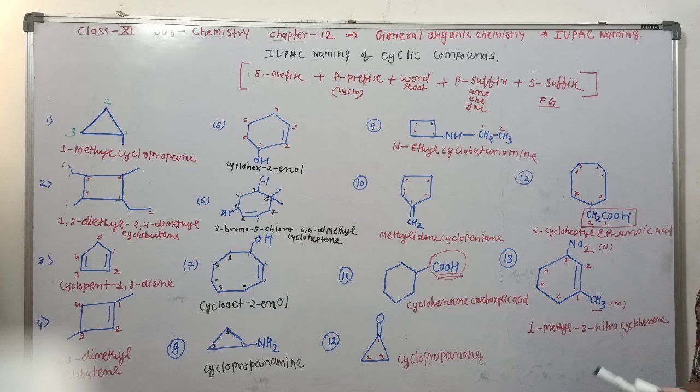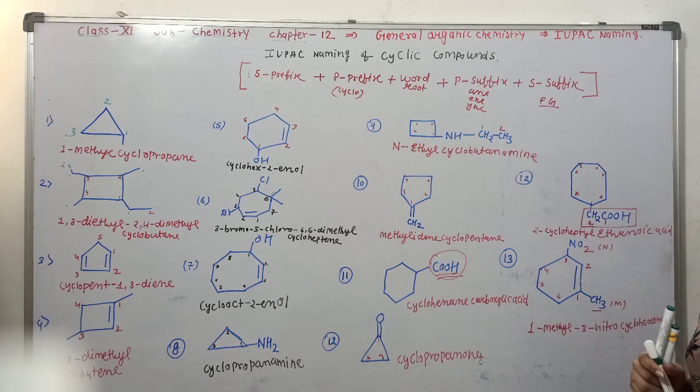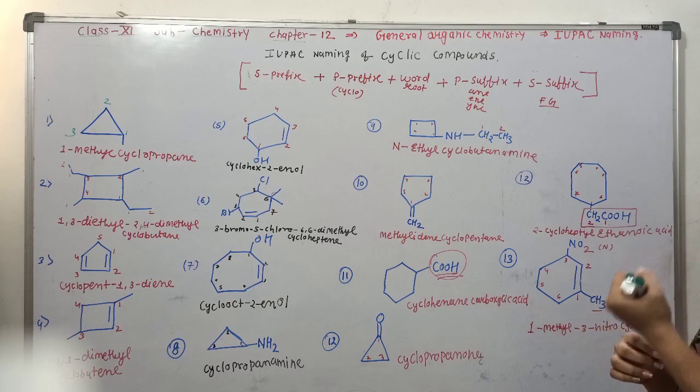If more than one functional group is there, then the senior-most functional group is considered in the suffix, the secondary suffix, while the other functional groups will be considered as prefixes. And if we have more than one type of substituent, then for the naming and selection, for the numbering, we'll use alphabetical order.